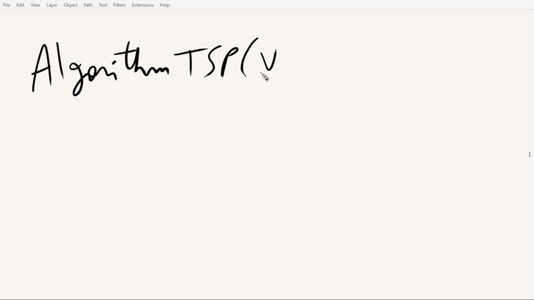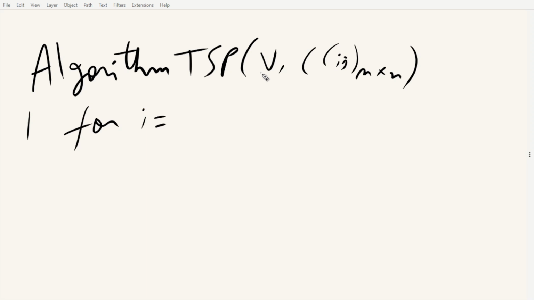Input is the set of vertices V and the cost matrix, the adjacency matrix, an n cross n matrix. So first we solve the smallest subproblem for I equal to 2 to n.